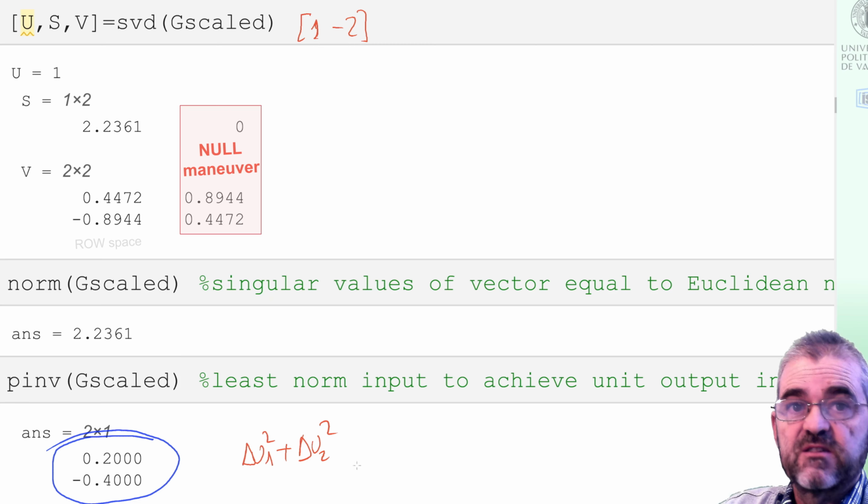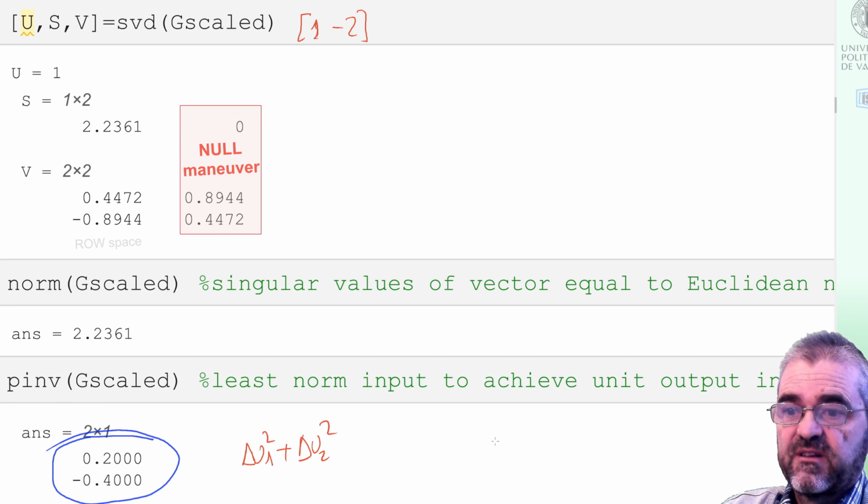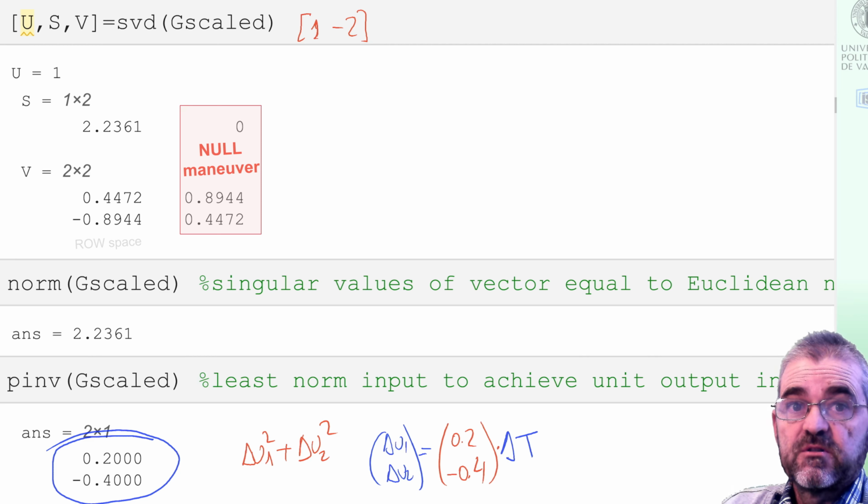is this one, in the sense that if I wish to achieve a given increment of temperature, I should apply this action, the pseudo-inverse, of course, and it is basically a load sharing proportional to the gain.